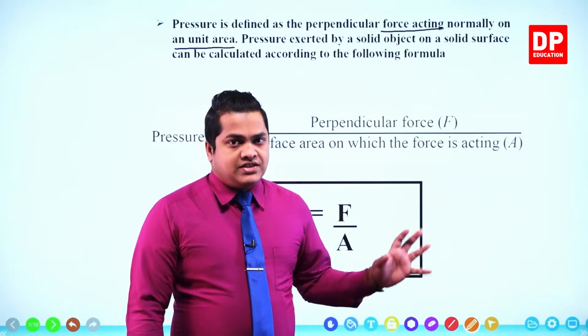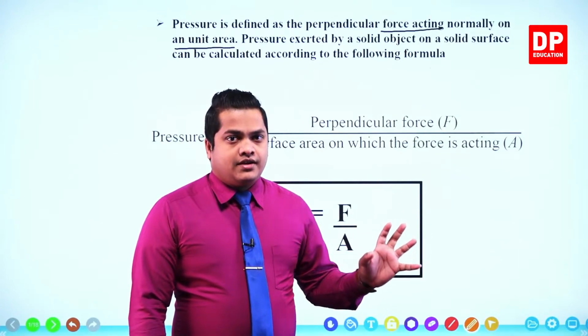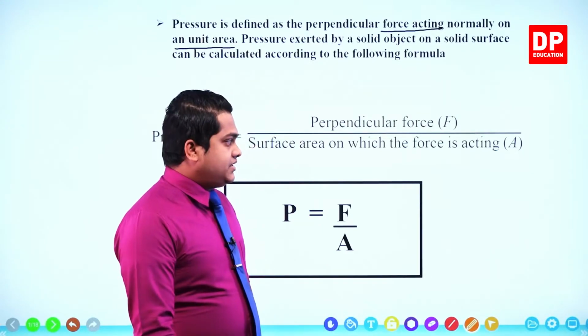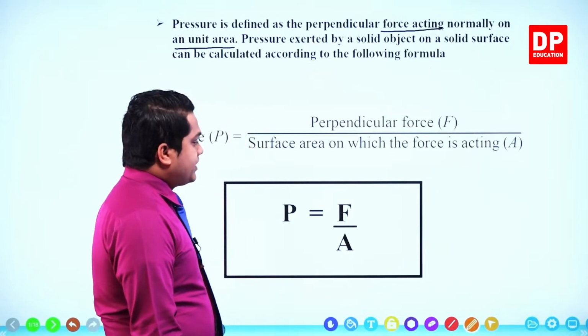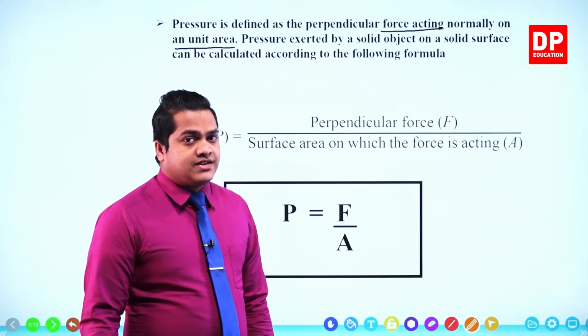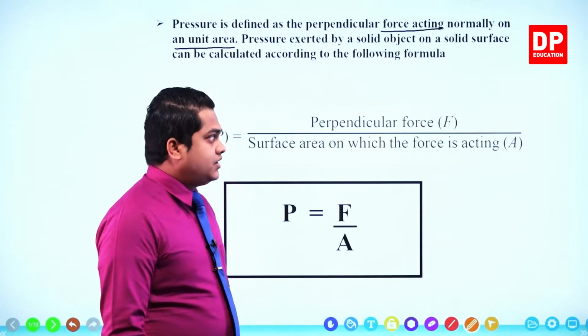This formula can be used to calculate pressure acting on any kind of surface. So my dear children, this is the basic equation that we use to calculate the pressure in a solid substance or solid surface due to the action of a certain force.